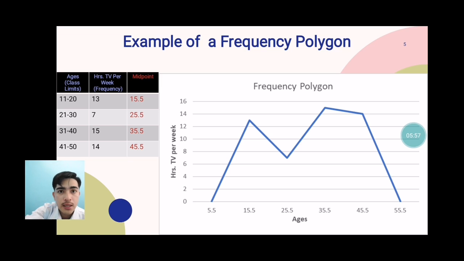Again, add the lower limit and the upper limit and divide by 2 to get the midpoint. 21 plus 30 is 51, divided by 2, resulted in 25.5. 31 plus 40 is 71, divided by 2, so 35.5. 41 plus 50 equals 91, and divided by 2 is 45.5.